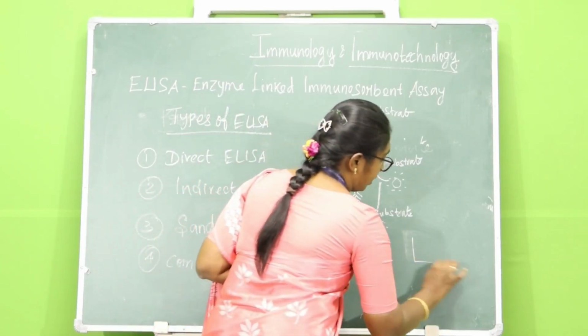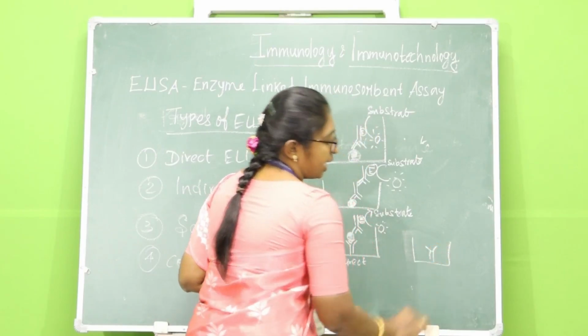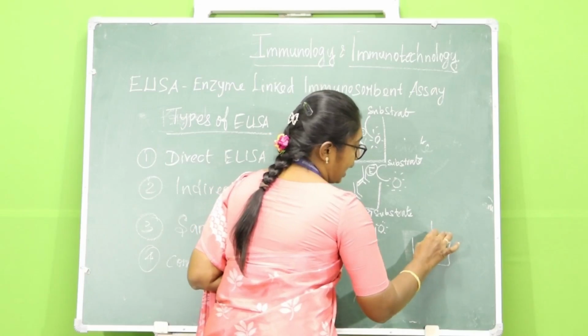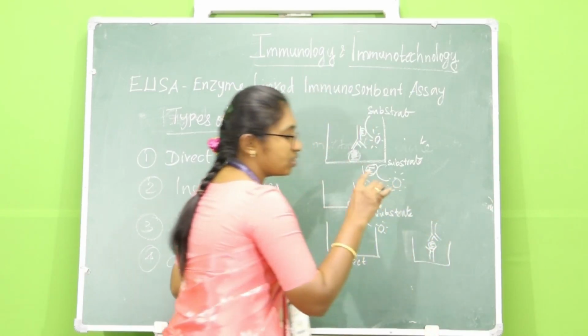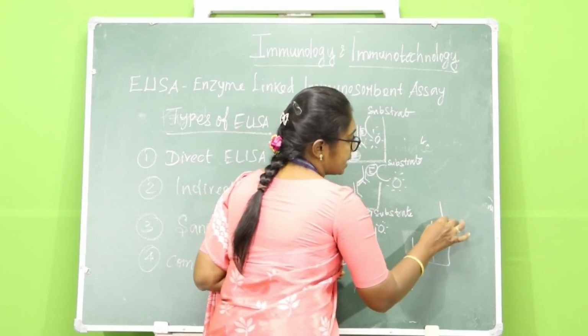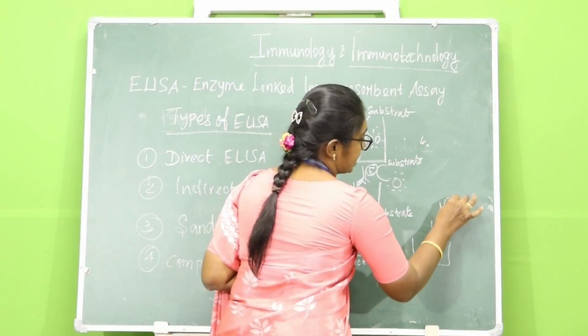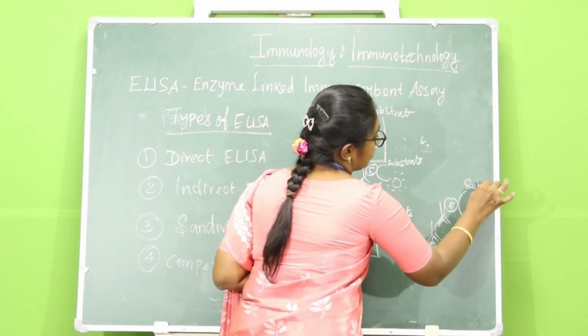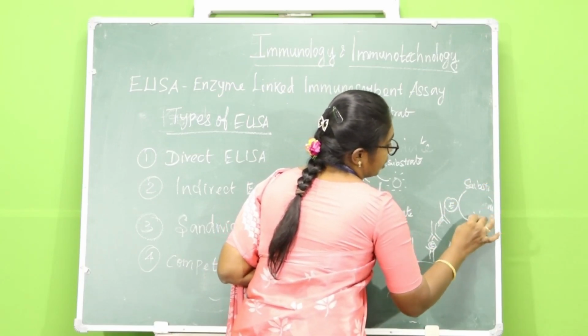The same way, we add a capture antibody. To that we add antigen. To that we add a primary antibody, but one which is not attached to the enzyme. Then we add a secondary antibody which has an enzyme link, and to this we add a substrate. This substrate shows the color change.